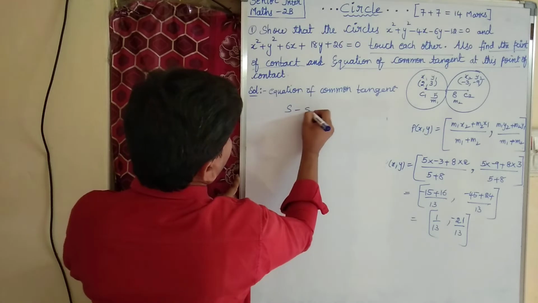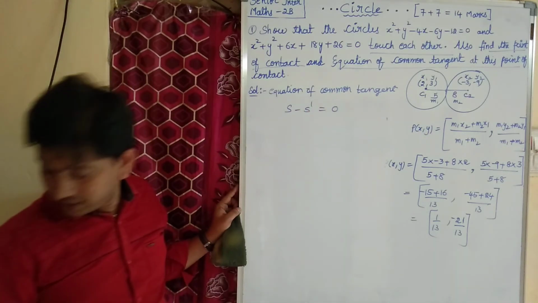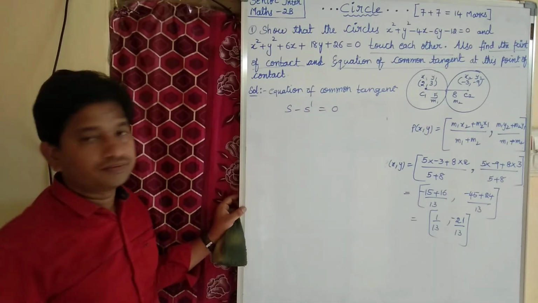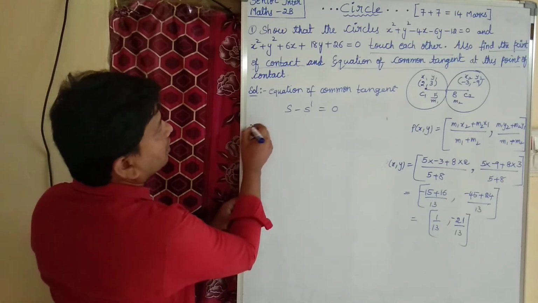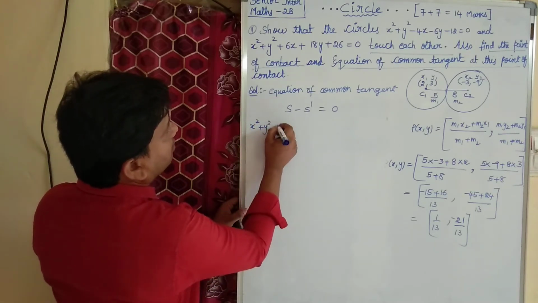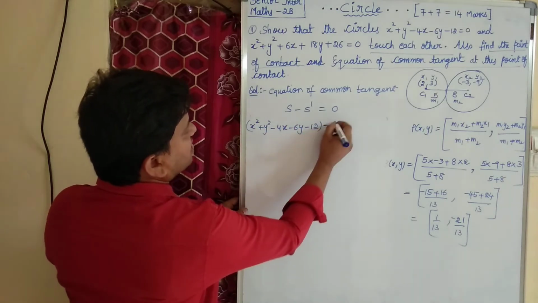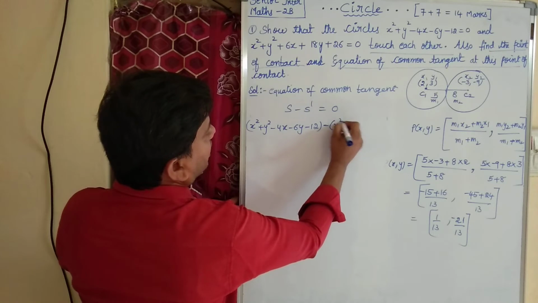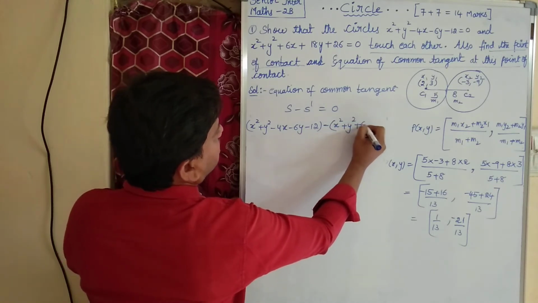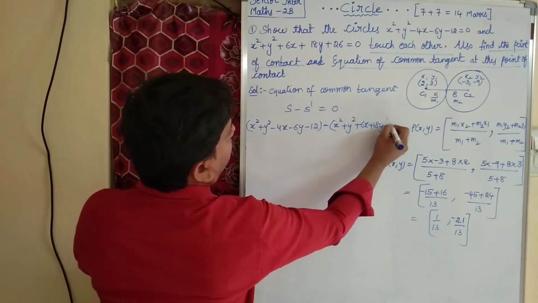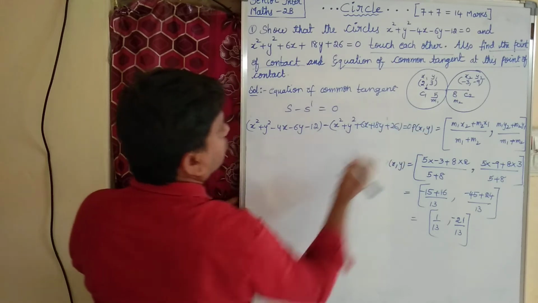That is S minus S dash equal to 0. So S means x square plus y square minus 4x minus 6y minus 12, minus S dash, which means x square plus y square plus 6x plus 18y plus 26 equal to 0.